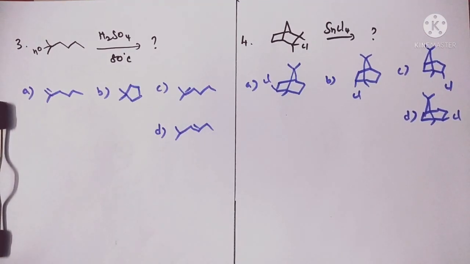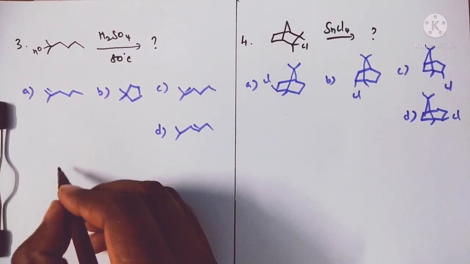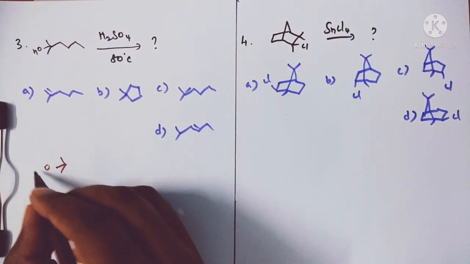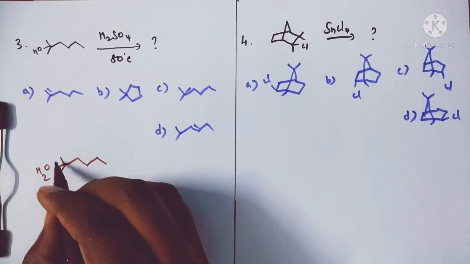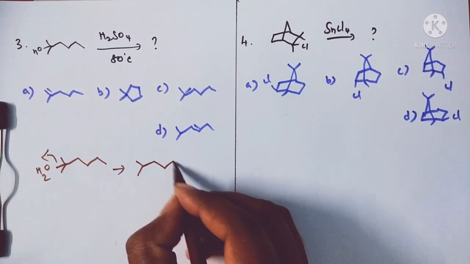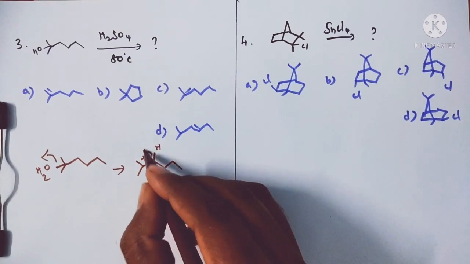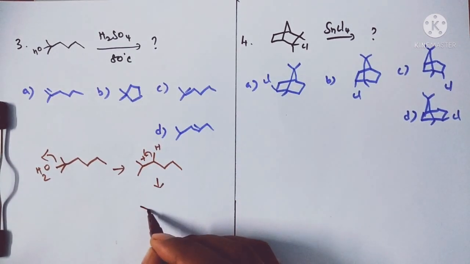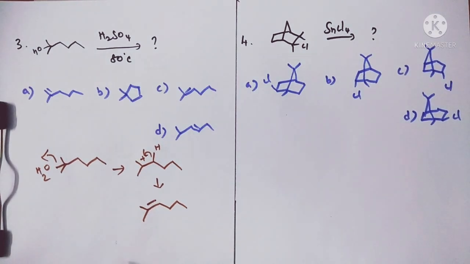The third example is the formation of the oxonium ion. Tertiary carbocation, and the hydrogen elimination gives the alkene product.